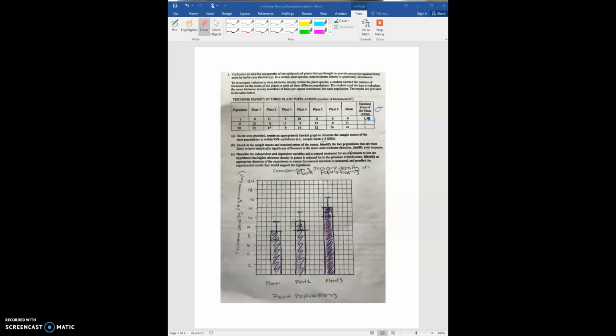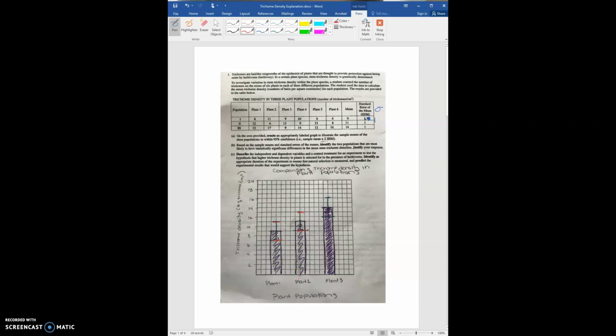If we have 3 populations, we could say that population 1 and population 2, there's a small difference, but because the standard error of mean lines overlap, we can't say with confidence that population 2 is being exposed to an environmental factor that population 1 is not.